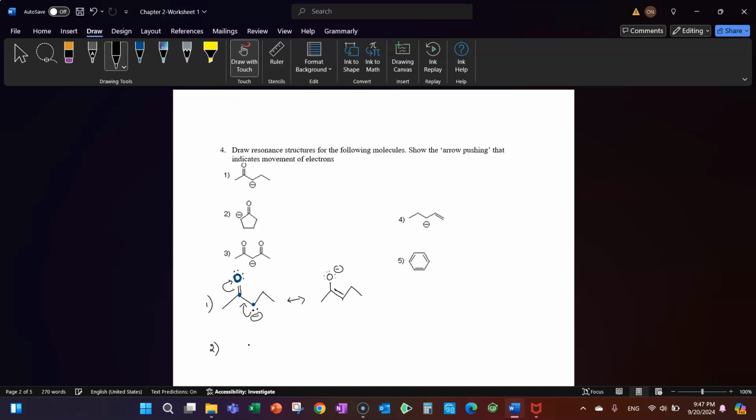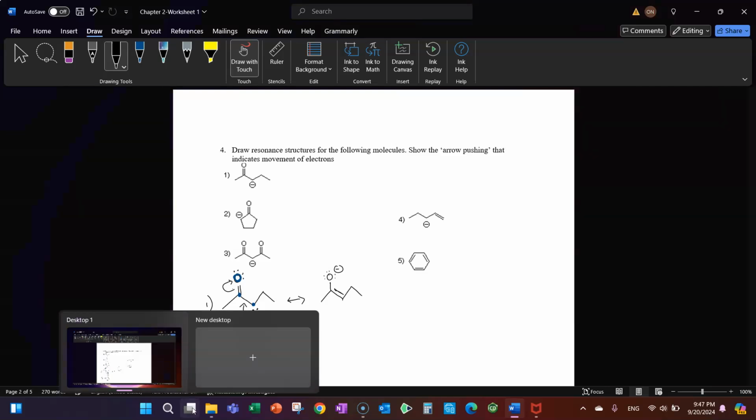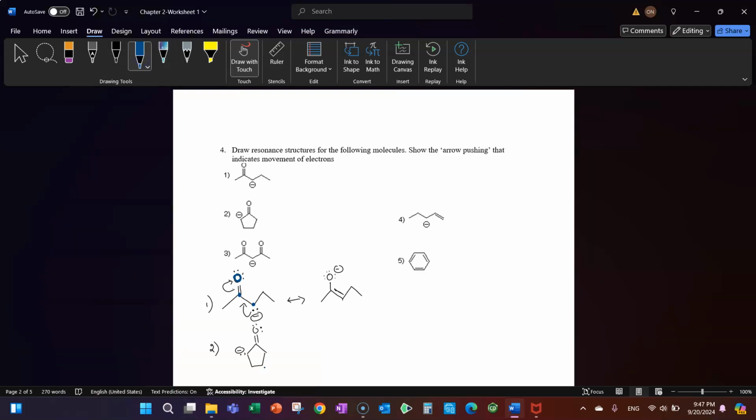Let's do number 2. It's similar with a negative charge. It's a cyclic molecule with a double bond to oxygen. And then here again, maybe you should put out the negative charge with a pair of electrons, and same thing with the lone pairs on oxygen. Now here, if you identify the 3 atoms on which the resonance is happening, it's these 3 atoms again.